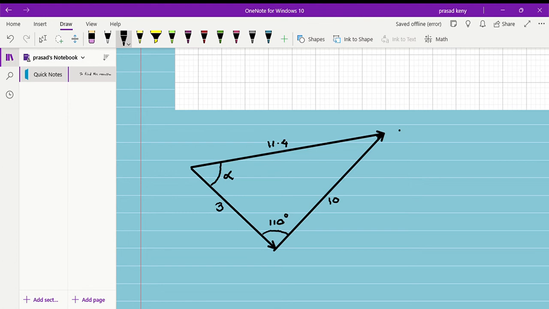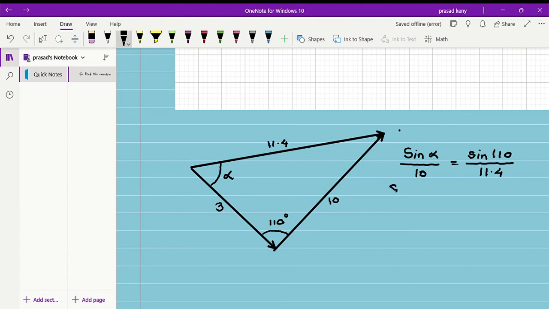So, sine alpha divided by the length of the opposite side, that is 10, is equal to sine 110 divided by 11.4, because 11.4 is the length of the side opposite to 110.